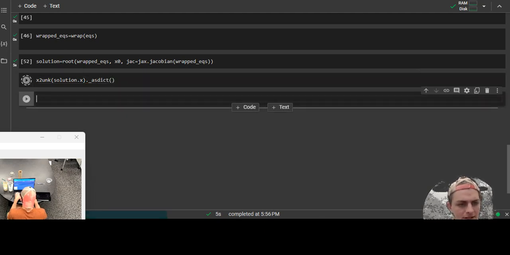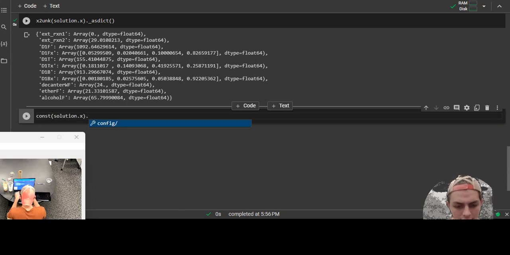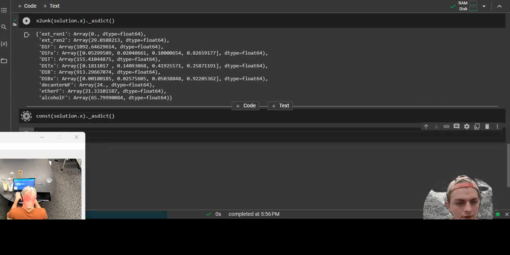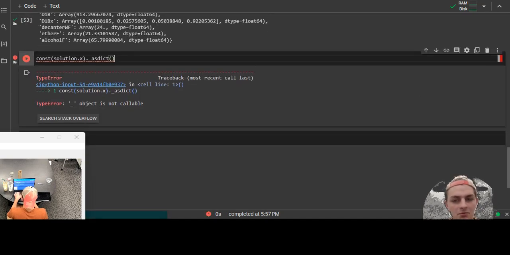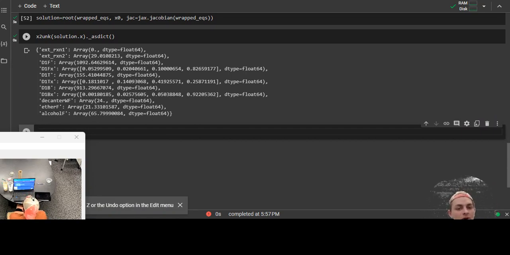I believe it's done like that. There we go. Again, if we wanted to see const of solution dot x dot underscore as dic. Okay, never mind. I don't really know how to do that part. But here are all of the unknowns.